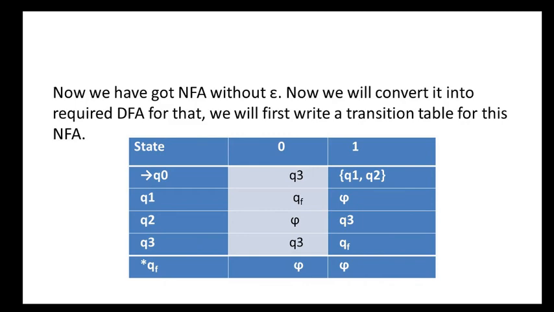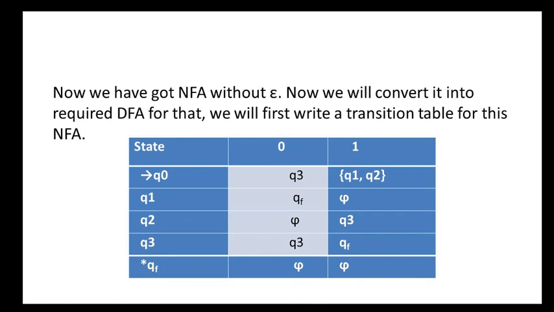Now we will convert it into the required DFA. For that we will first write a transition diagram for the NFA. The transition diagram is like this. Transition from Q0 on input symbol 0 is Q3. The transition from Q0 on input symbol 1 is Q1, Q2. Transition from Q1 on 0 is QF. Q1 on 1 is epsilon, that is null.